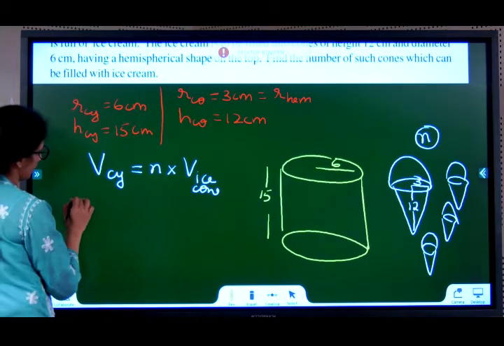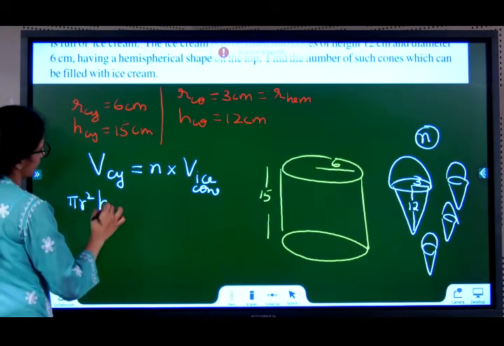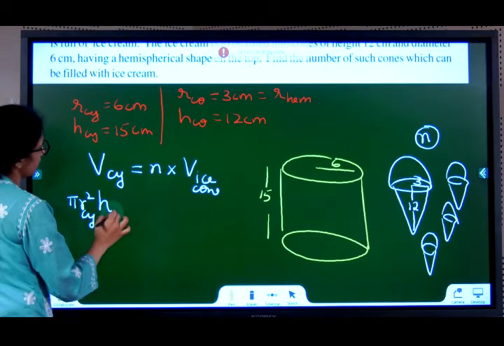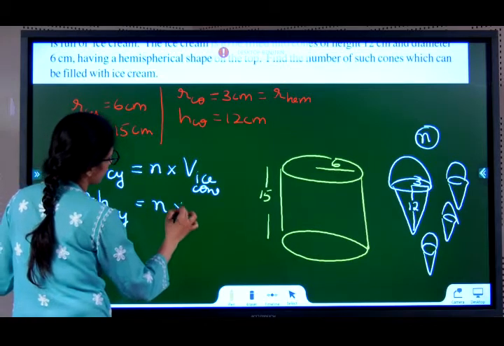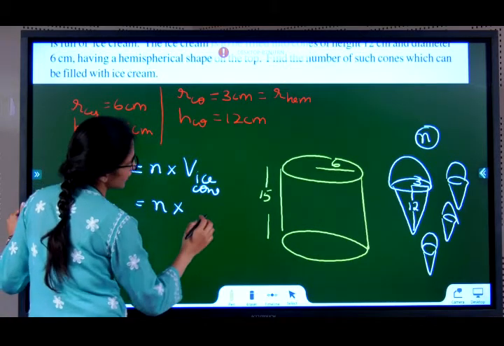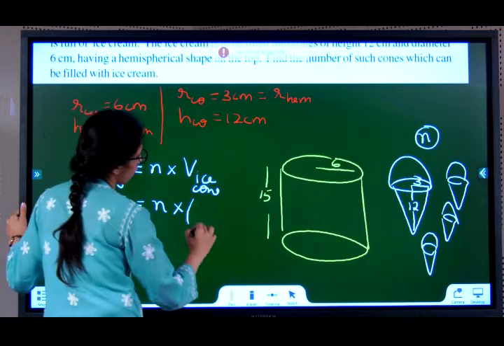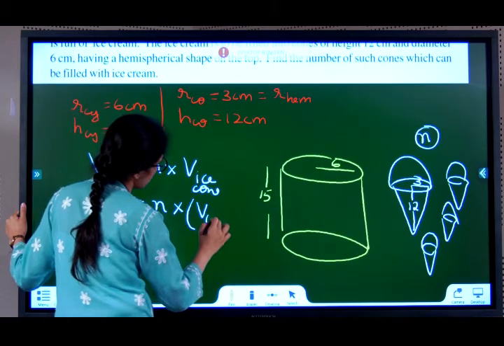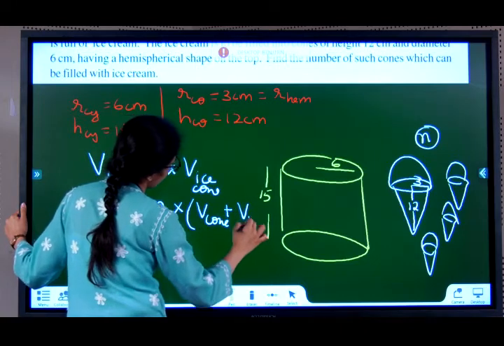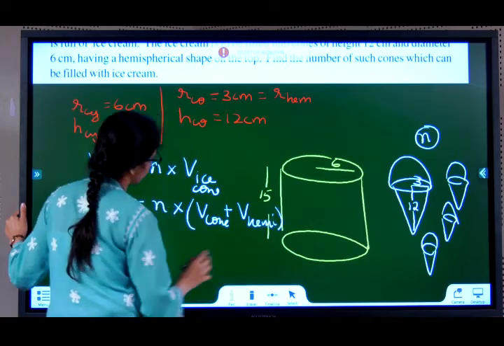Cylinder formula, volume of cylinder, pi r square h, cylinder's height. n is the number of cones. Volume of each ice cream cone is volume of cone plus volume of hemisphere.